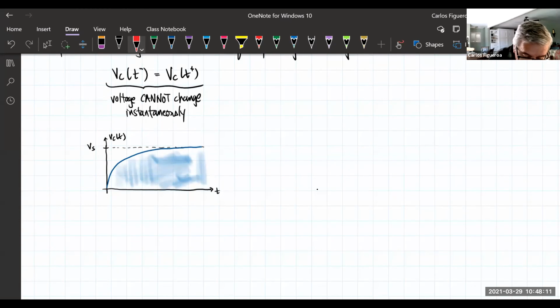If I look at this point right here, that means if I throw a switch here, let's say that this is the time that I'm going to throw the switch. So right before the switch is thrown, let's say this is T minus, and then right after the switch is thrown, those two voltages must match up.